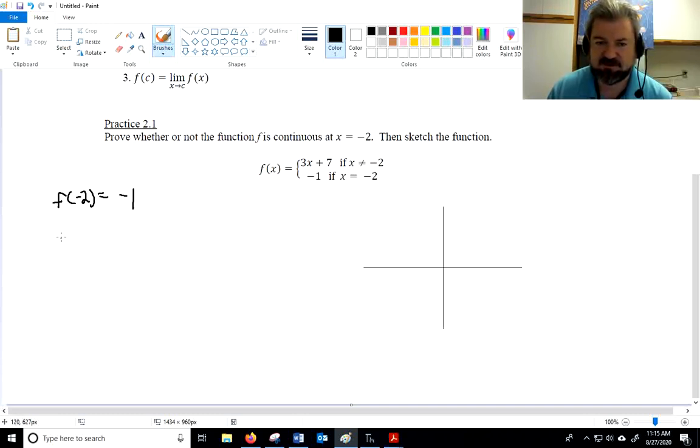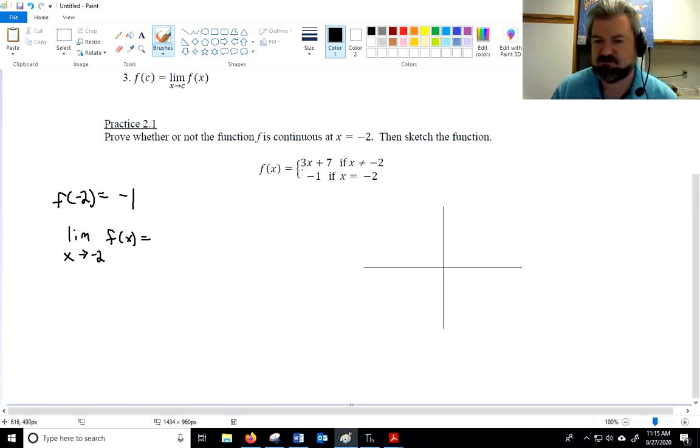All right, next I'm going to find the limit. So I'm going to do that by finding the limit as x approaches -2. Now, for the limit as x approaches -2, we're not actually interested in the value when x is exactly -2.